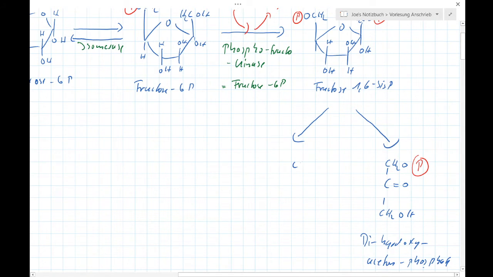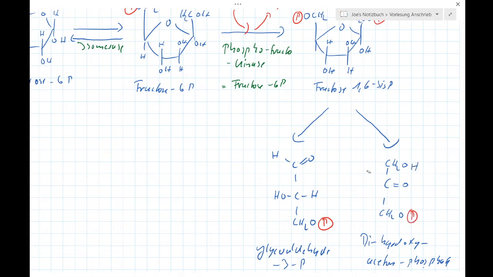The other molecule which is produced is glyceraldehyde 3-phosphate. The enzyme which catalyzes this step is an aldolase, because an aldol is a C3 subunit. So the aldolase splits this fructose into glyceraldehyde 3-phosphate and dihydroxyacetone phosphate.